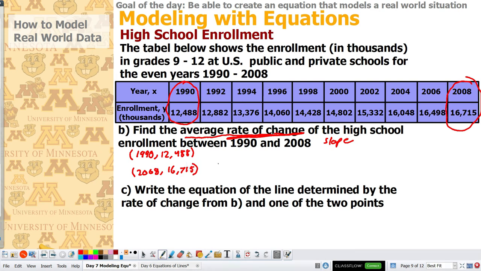All right, so my slope formula: we have 16,715 minus 12,488 over 2008 minus 1990.